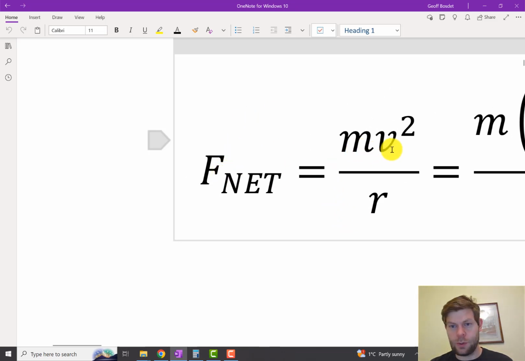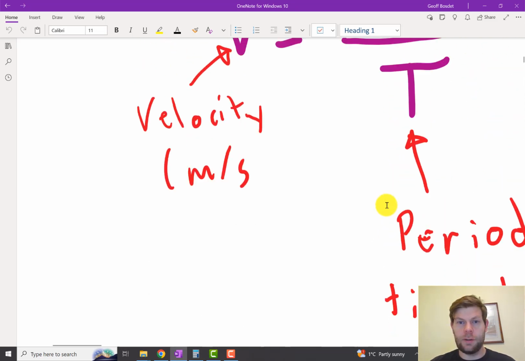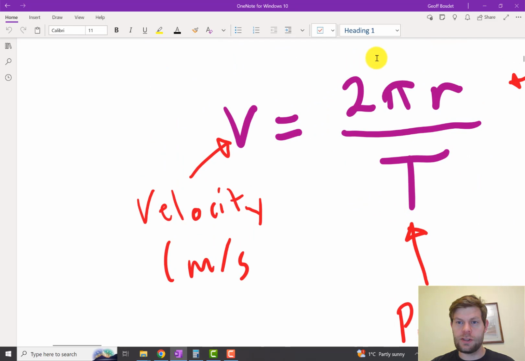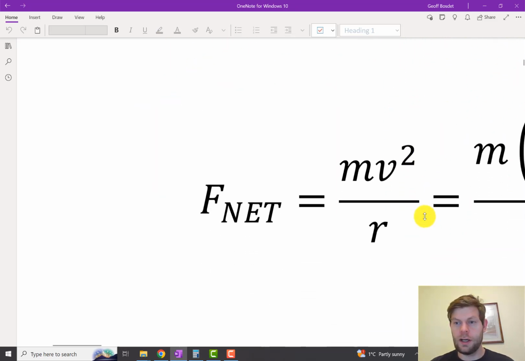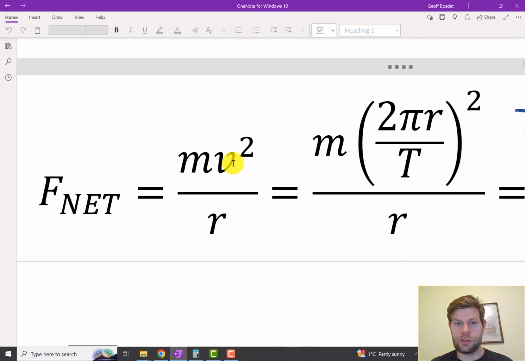F net is mv squared over r. That's the formula we were looking at just a second ago. And if we just sub in this formula for v, so everywhere there's a v, we replace it with our distance over time, distance around the circle divided by time around the circle, we get this. So we're just subbing in our formula for v.